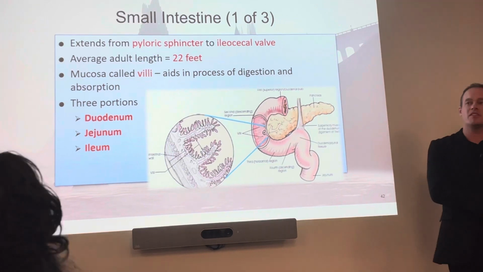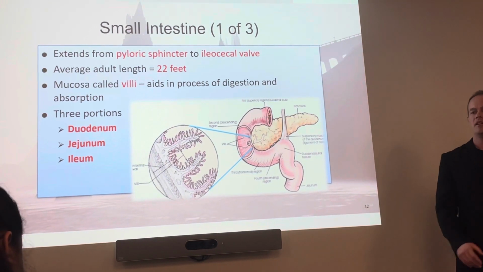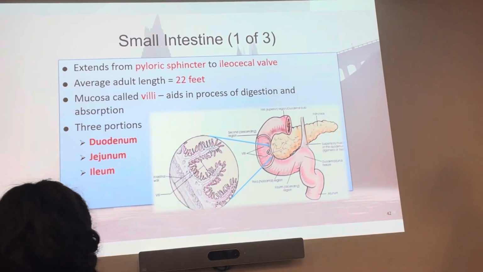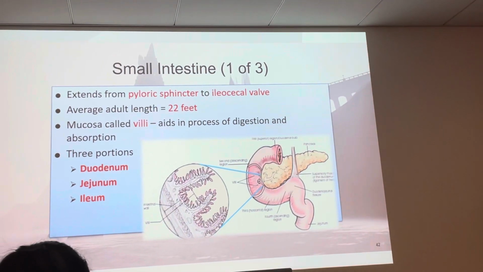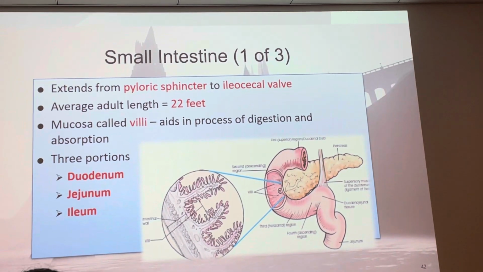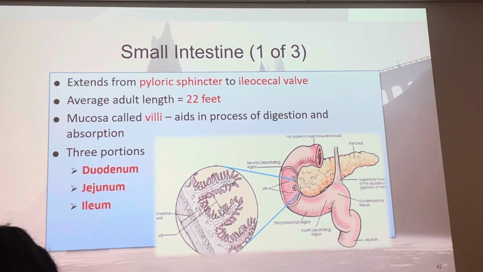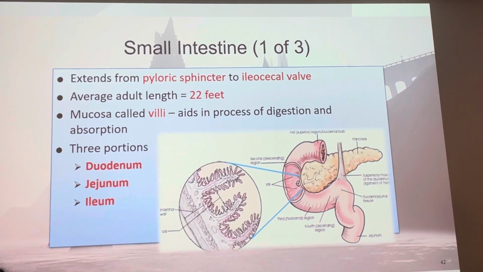Okay, so let's start talking about the small intestine. When we talk about the small intestine, we're talking about the region that goes from the pyloric sphincter to the ileocecal valve. Average length of the entire small intestine is about 22 feet if you were to stretch it all out.